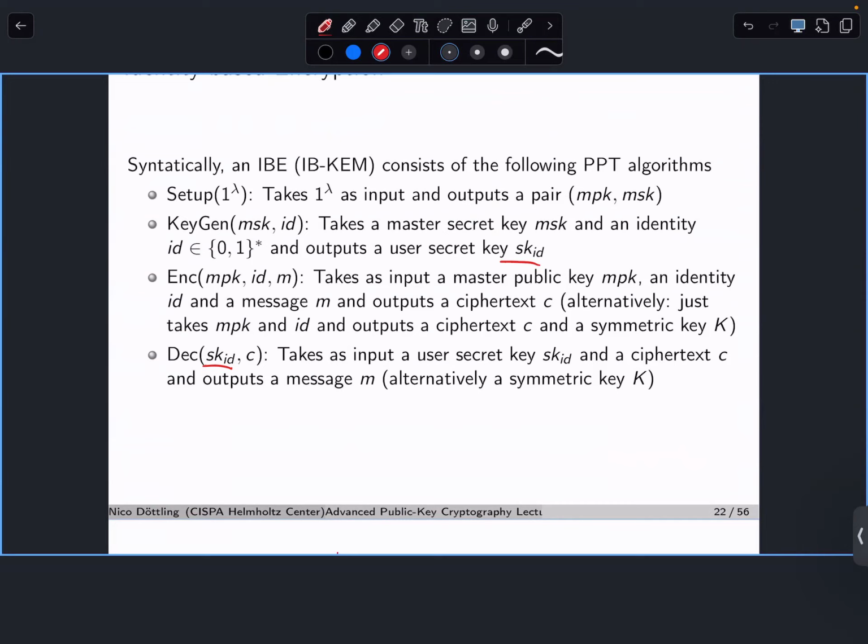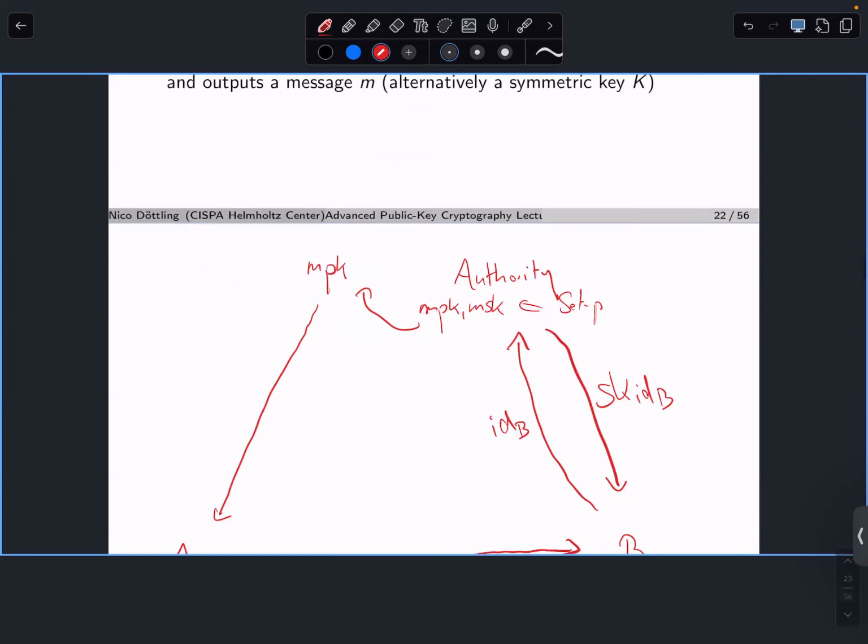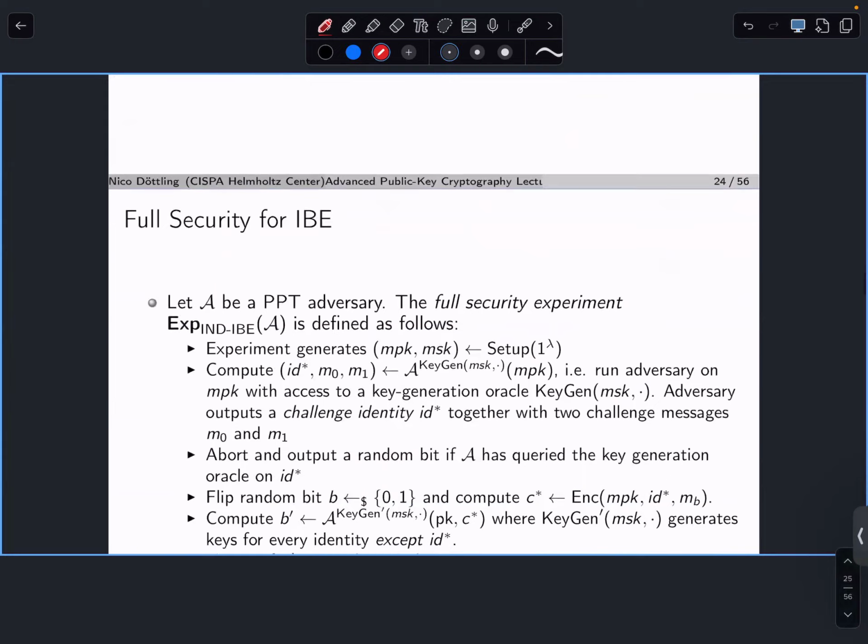It's always staying the same, right? So it doesn't matter if a ciphertext was encrypted before I got my user secret key or after I got my user secret key. This notion doesn't care about that. The functionality remains the same.